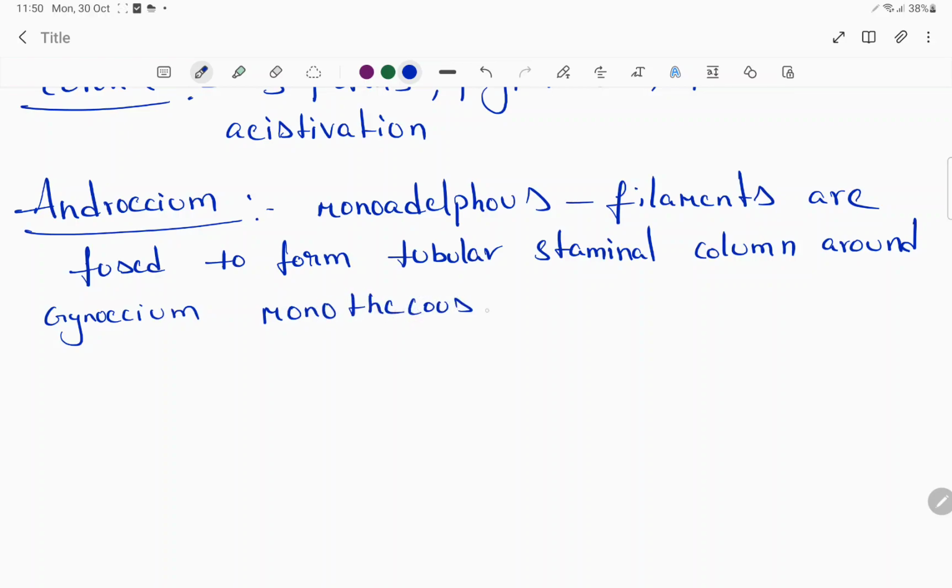Monothecous anther, extrorse, dehiscence transverse or longitudinal.